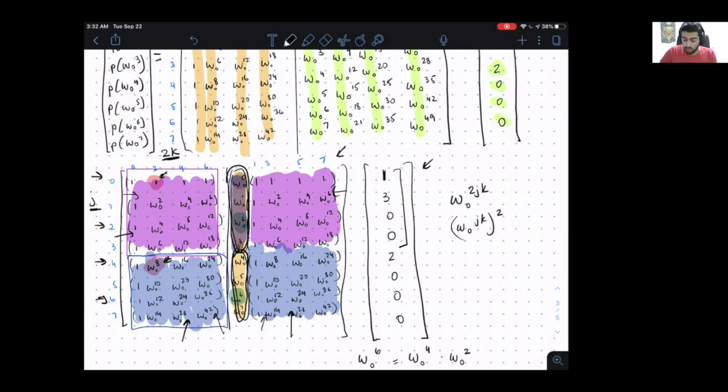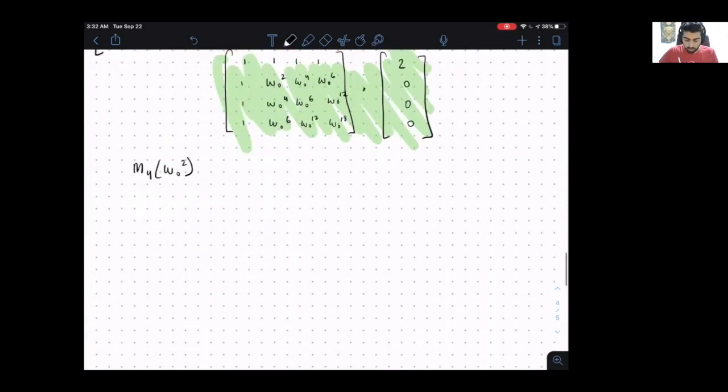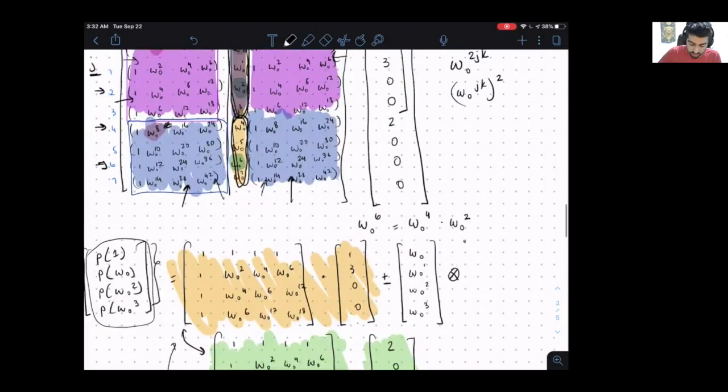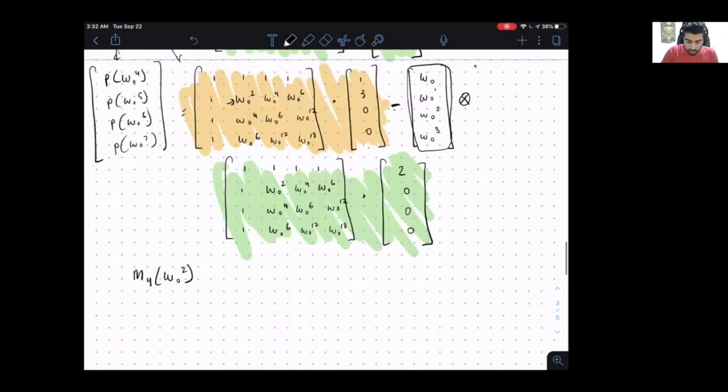So all of these terms are just squares of the copies in the original Vandermonde matrix. So yeah, we can rewrite this purple matrix here as M4 of omega naught squared, and the 4 is just because it's a 4 by 4 matrix this time.